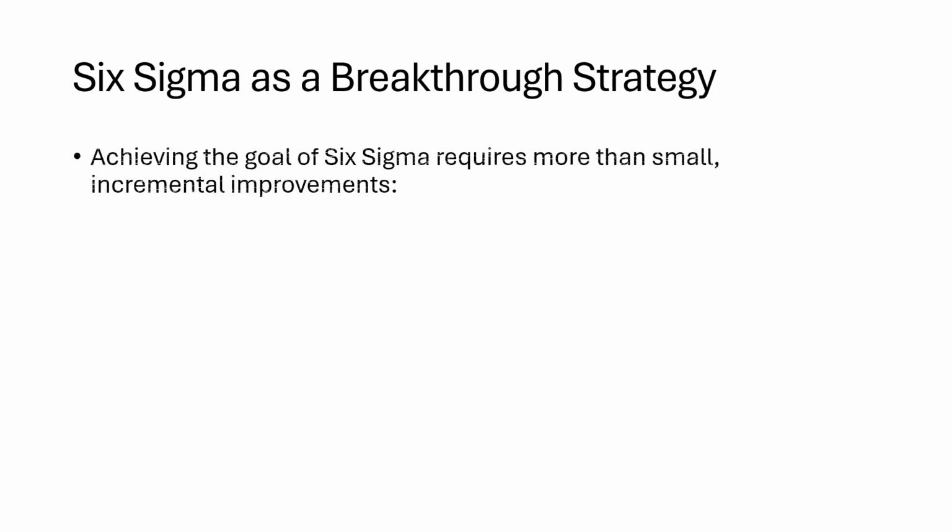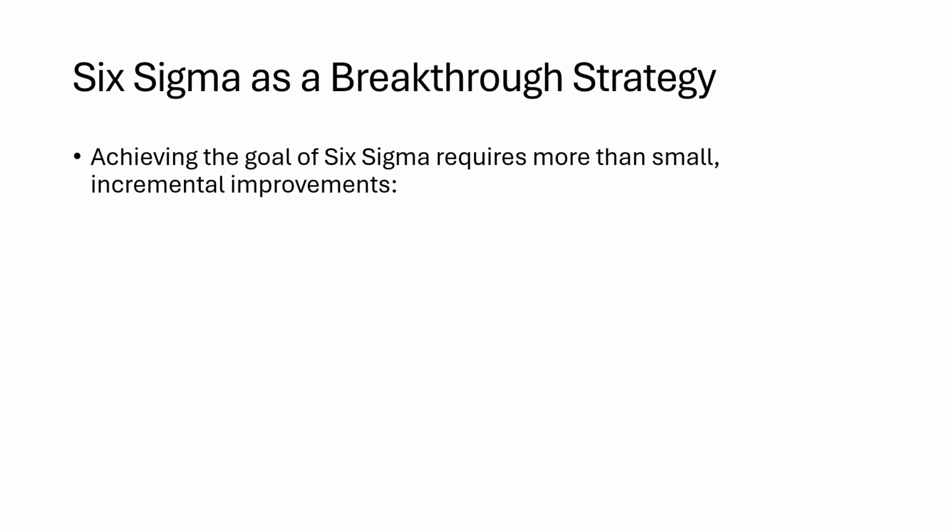Let's look at 6 sigma as a breakthrough strategy. Achieving the goal of 6 sigma requires more than small incremental improvements. Six Sigma does not undermine the value of any existing quality programs, but rather is one evolutionary phase of a complete quality strategy. Moving sigma levels is not linear.